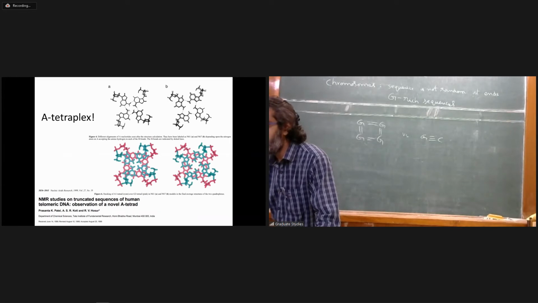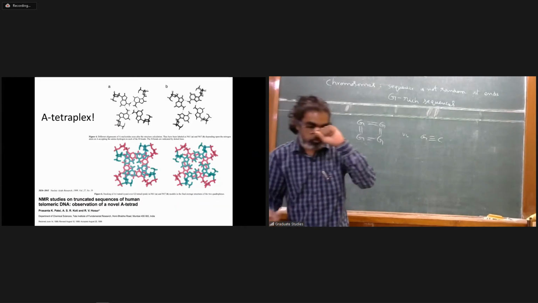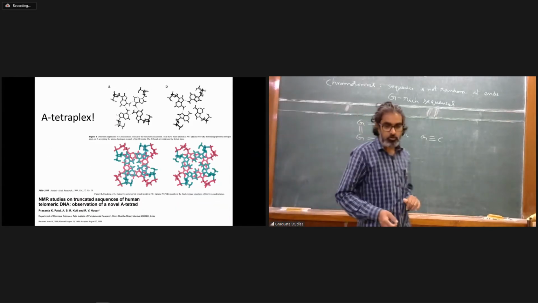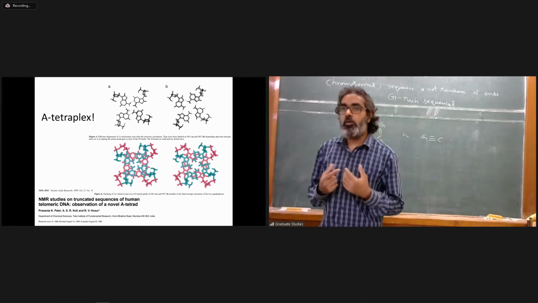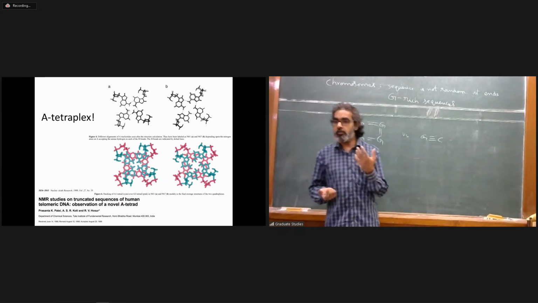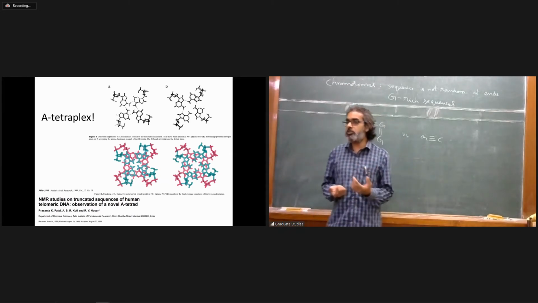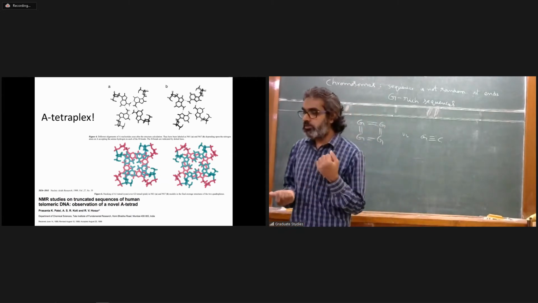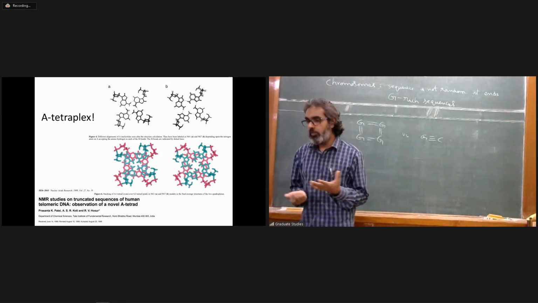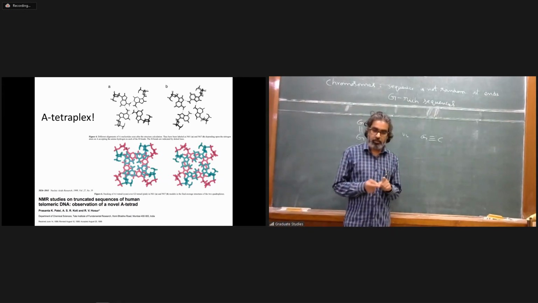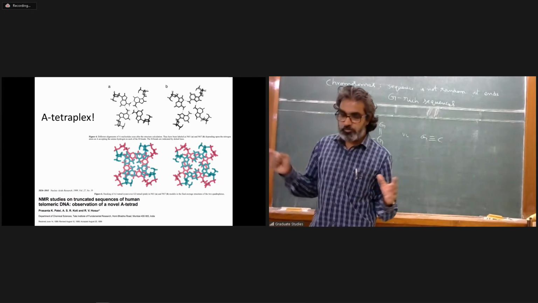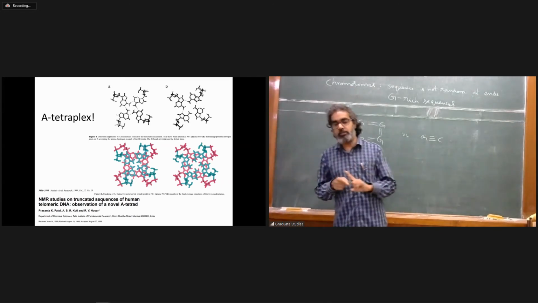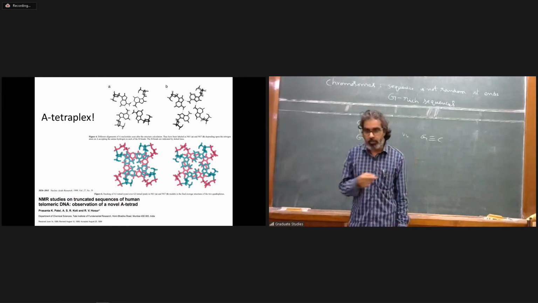So what it shows is that, depending on what sequence you have, whether you have a complementary strand or not, you can have very rich structures based on DNA. We began to think DNA means just double-stranded DNA. Yes, in most of the chromosome you have complementary strands, perfectly paired DNA.